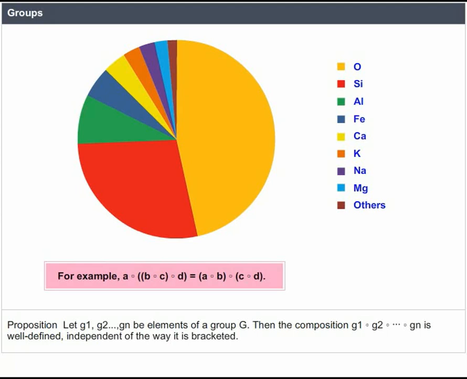Proposition: let g1, g2, etc., gn be elements of a group G. Then the composition g1∘g2∘...∘gn is well defined, independent of the way it is bracketed.